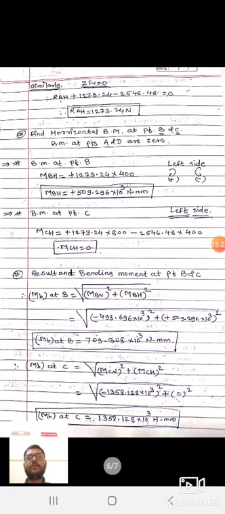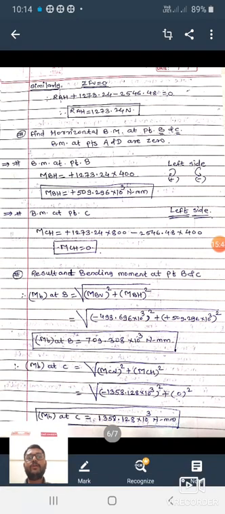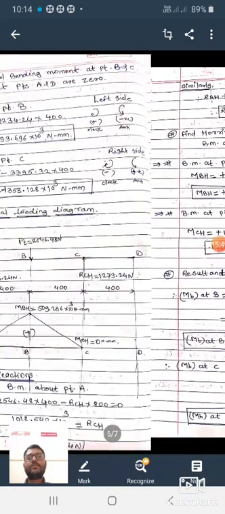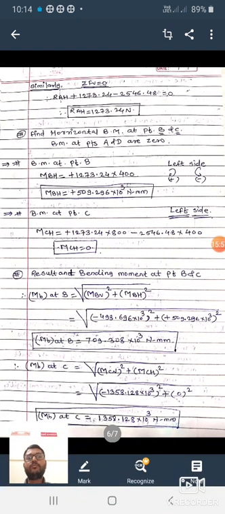Then similarly, find summation Fv equal to 0, and find RAH, that is equal to 1273.24 Newton. Then next find the horizontal bending moment at points B and C. The bending moments at points A and D are 0 because these are the end points. So the bending moment at point B, considering the left side force, is RAH, 1273.24 into 400, which is positive for clockwise.